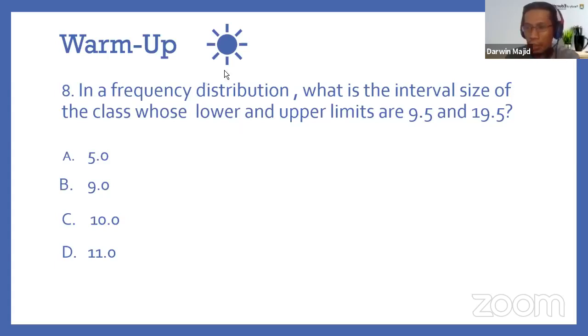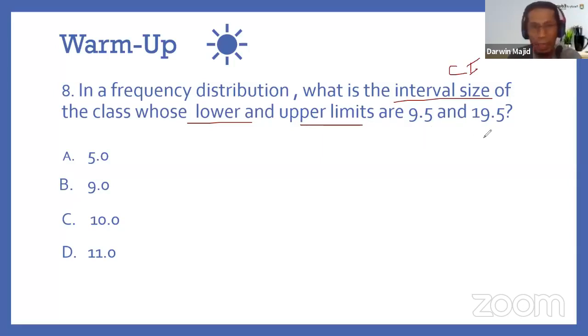Okay, so the question here has something to do with class interval, because it gives you the lower and the upper limit. Now, how do we get the class interval? By simply subtracting.